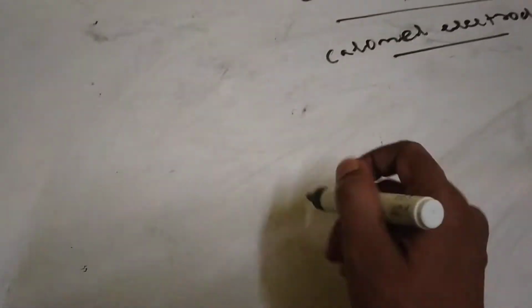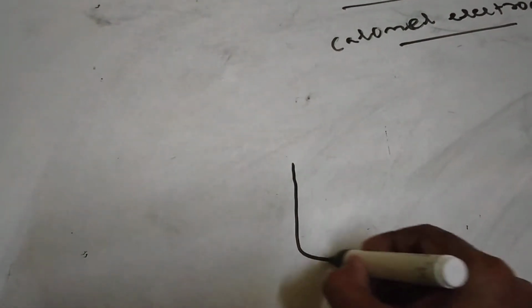So let's say I am taking this calomel electrode as cathode and I want to detect the pH of an unknown solution.